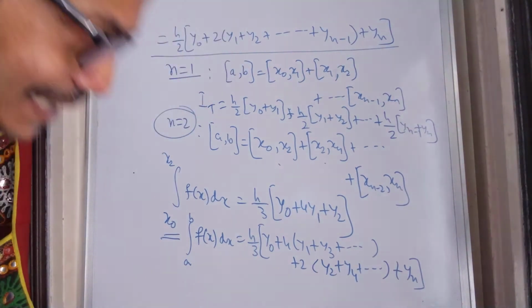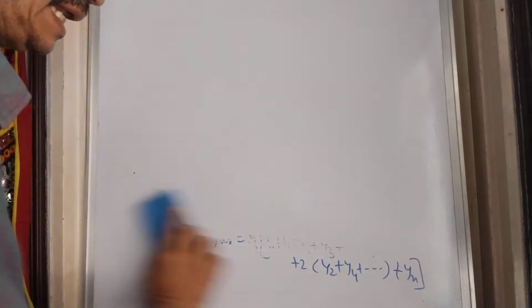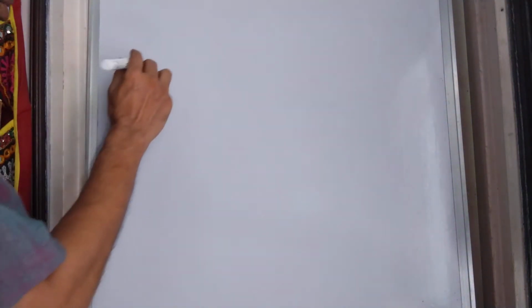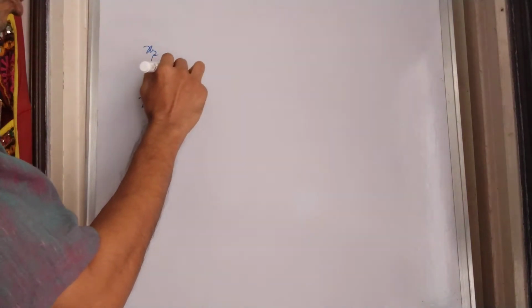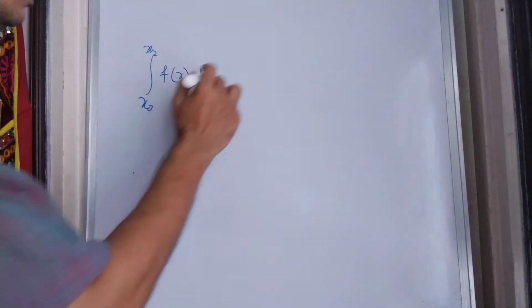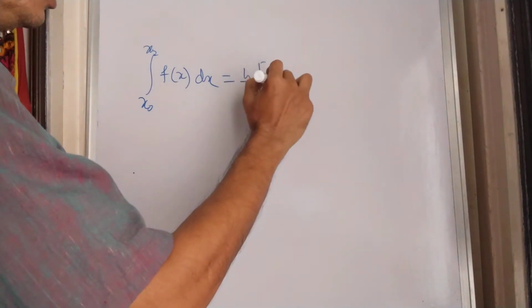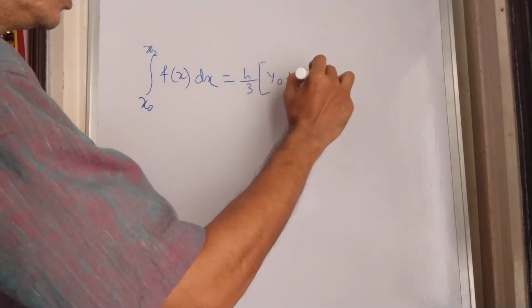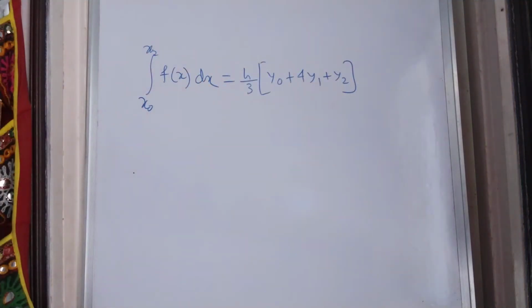Now to calculate the error, we should start from scratch, just like in the trapezoidal rule. What we do is write the formula for the zone, or the subinterval, x0 to x2.